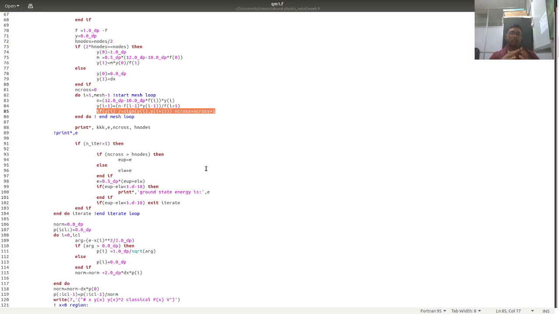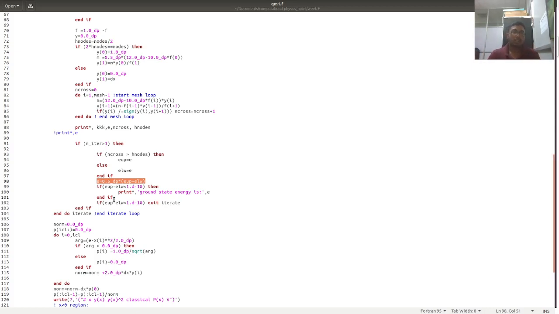After that you have EUP and ELW with updated values, not the exact ones you took as initial parameters. We calculate the value of energy again with these updated values of EUP and ELW.